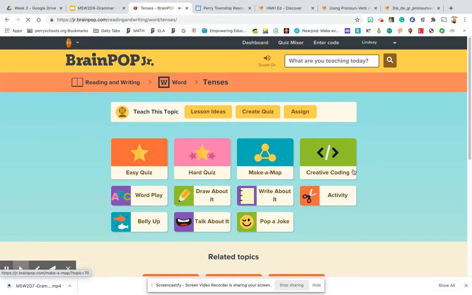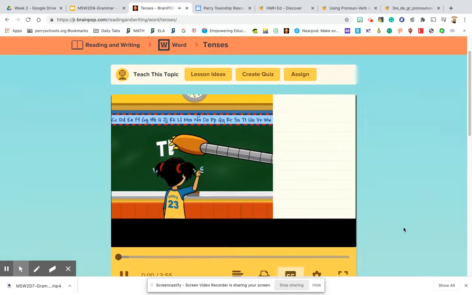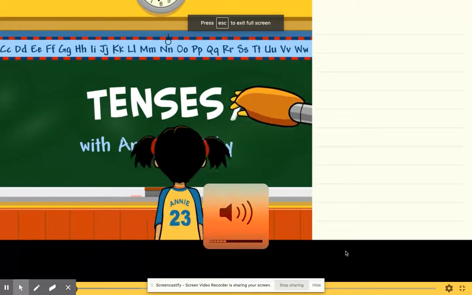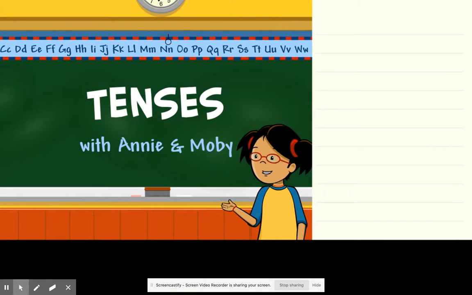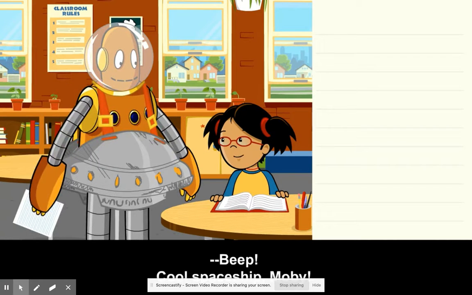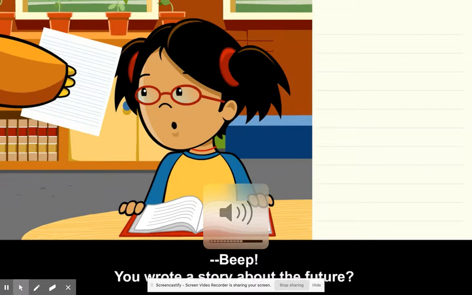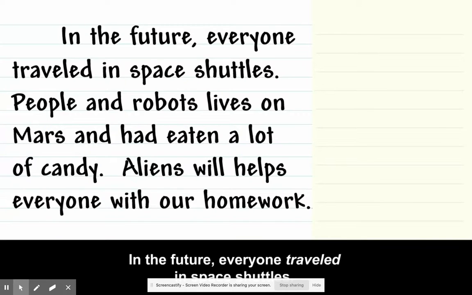Make a map. Cool spaceship, Moby. You heard a story about the future? In the future, everyone traveled in space shuttles.